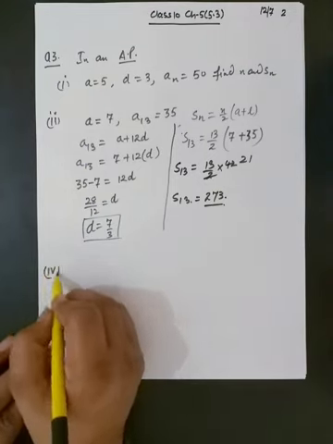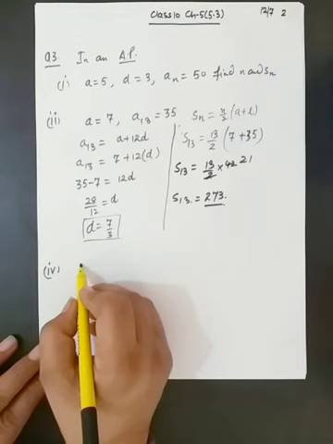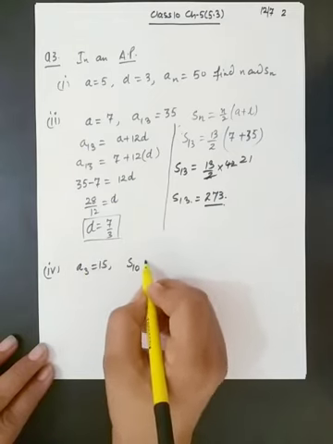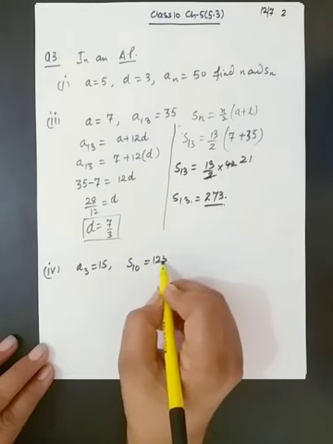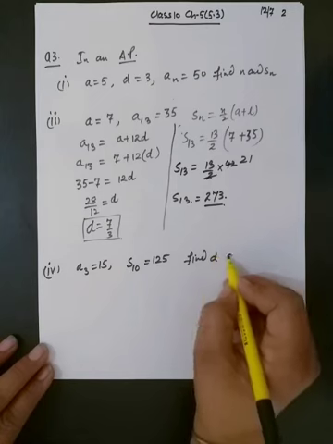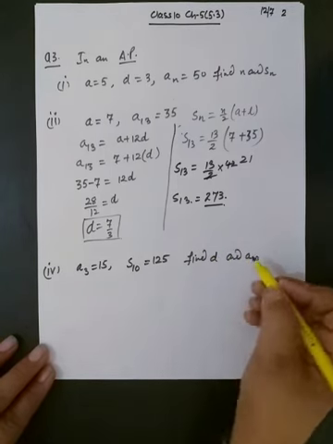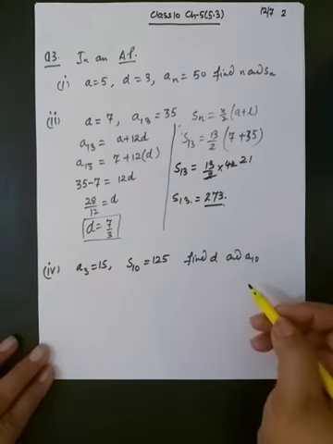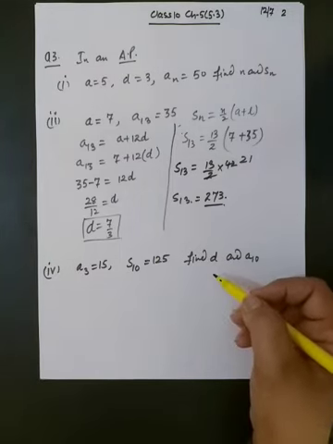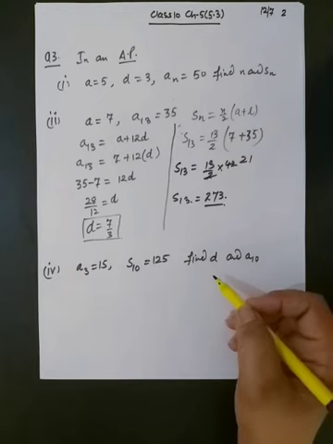Part number 4. a3 is 15 and S10 is 125, and we have to find d and a10. a10 means we have to find the 10th term, and d means the common difference. So what do we have to do here?